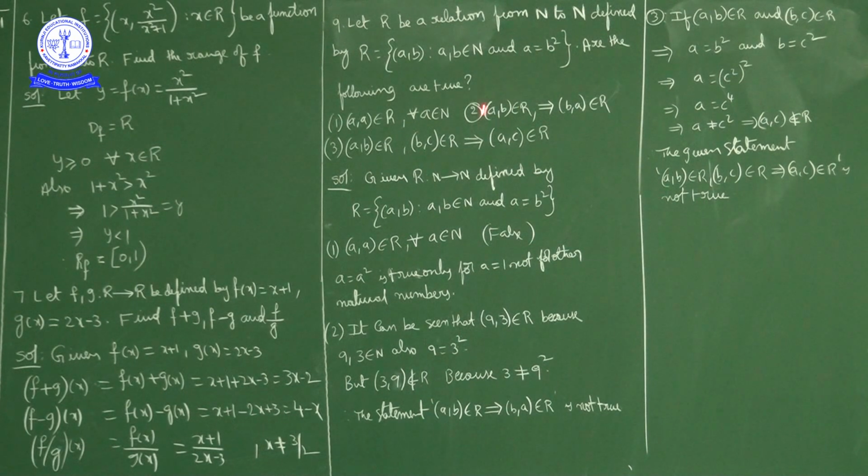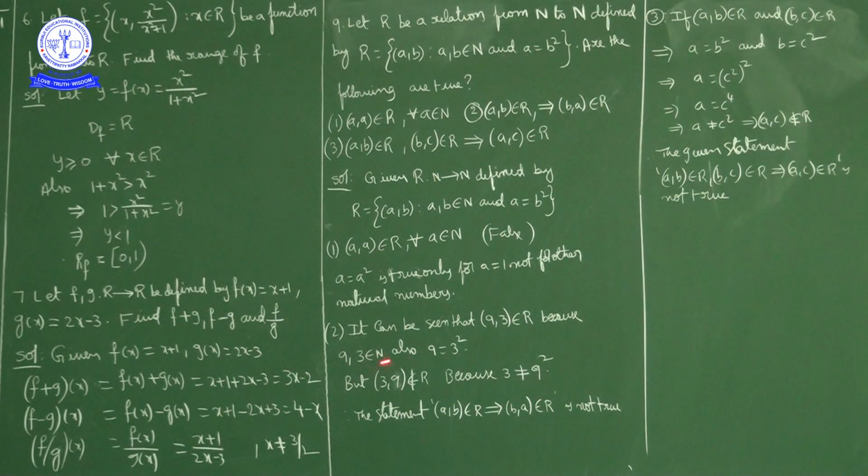I'll prove this one with an example. You can observe here (9, 3) belongs to R, because first of all 9 and 3 both are natural numbers. Moreover, first element is square of second element: 9 is equal to 3 square.